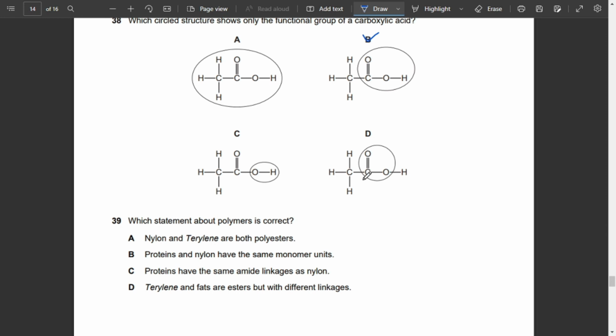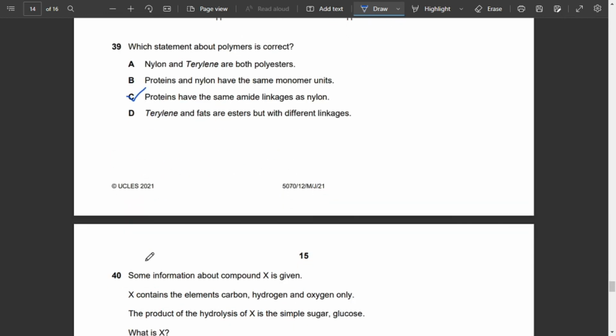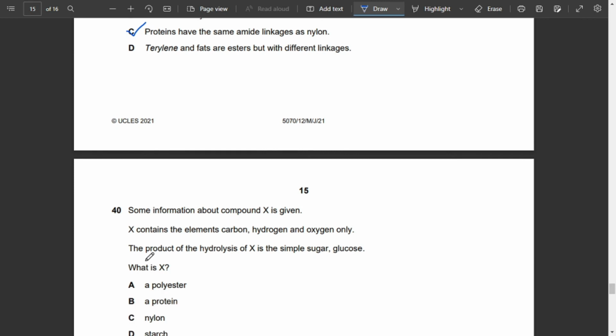Moving on to C, proteins have the same amide linkages as nylon. Yes, the linkage is the same, but they do not have the same monomer unit. And terylene and fats are esters, but with different linkages. No. So for it, the answer is C for sure. This question I think has been repeated in previous years too. I cannot recall the exact year, but it has been repeated.